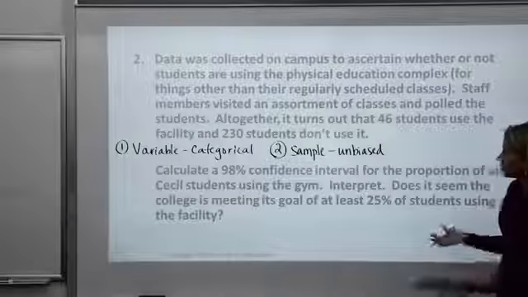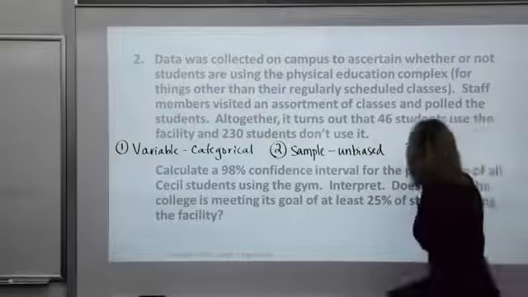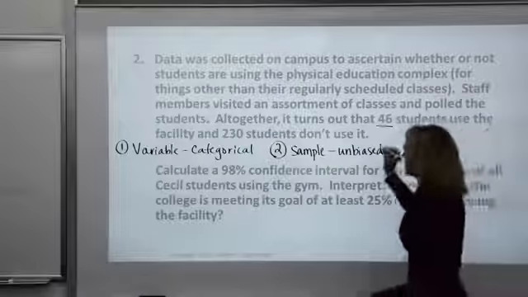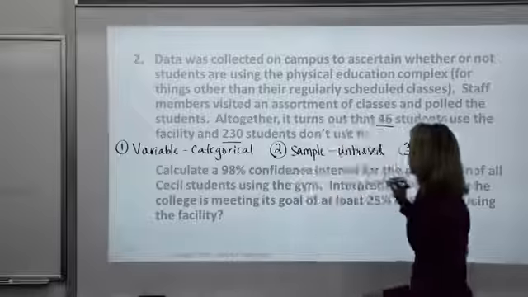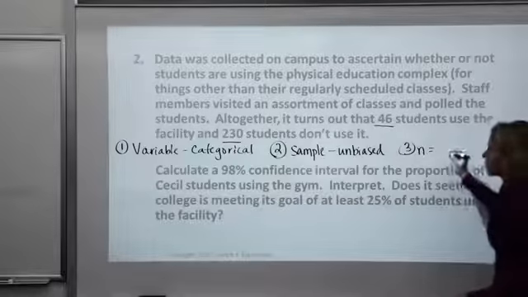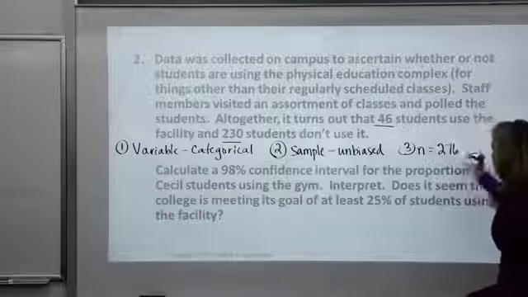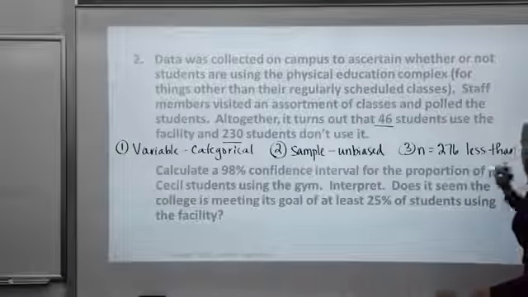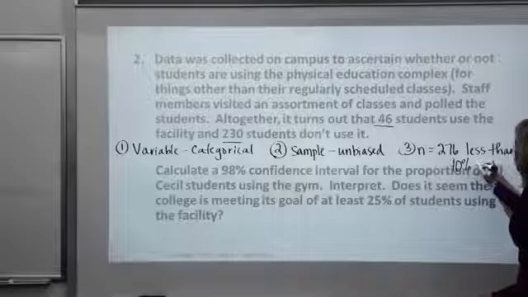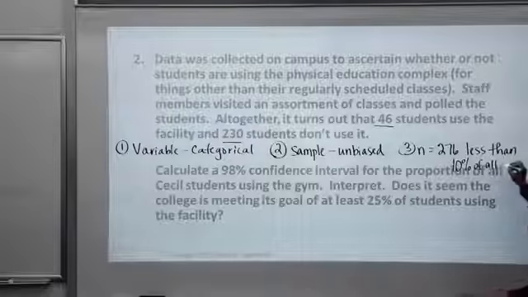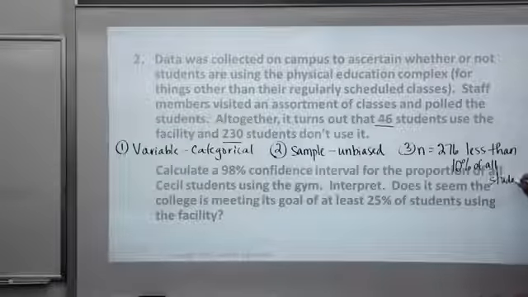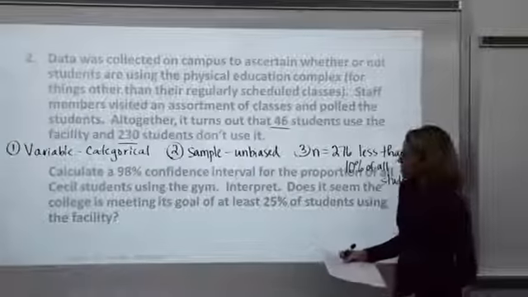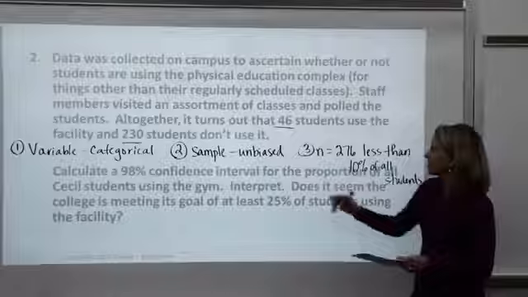Our sample size needs to be less than 10% of the population. So our sample size, we had 46 that use the facility, 230 that don't, for a total sample size of 276. We'll assume that this is less than 10% of all Cecil students. And then the last assumption there, we need at least 10 successes, at least 10 failures.